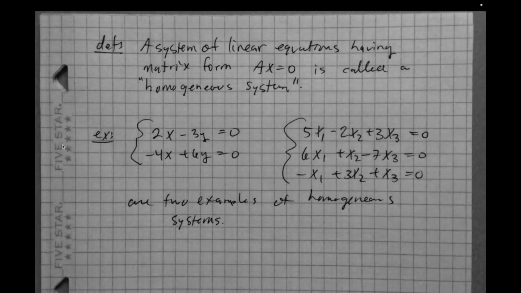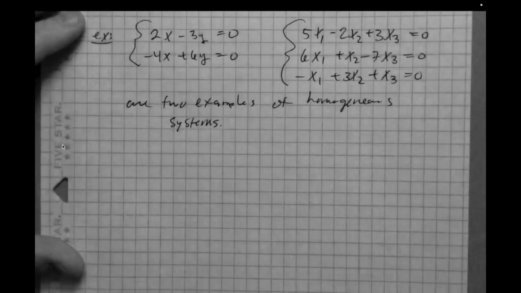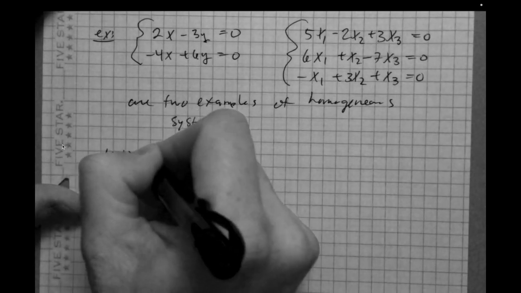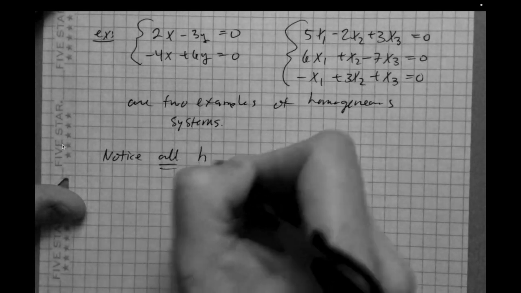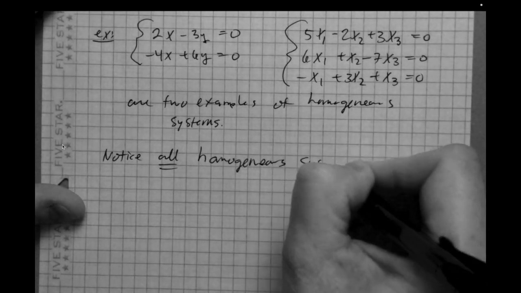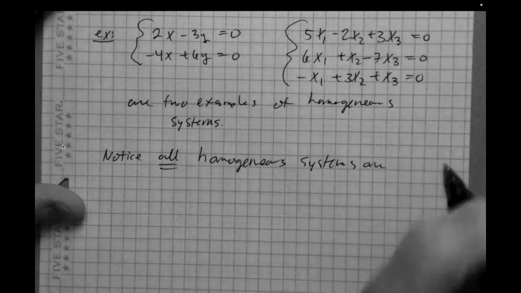Now, something to notice here is that when you have a homogeneous system, it's guaranteed to be consistent, right? You can think about it just by looking at these 2 examples. Notice all homogeneous systems are consistent.